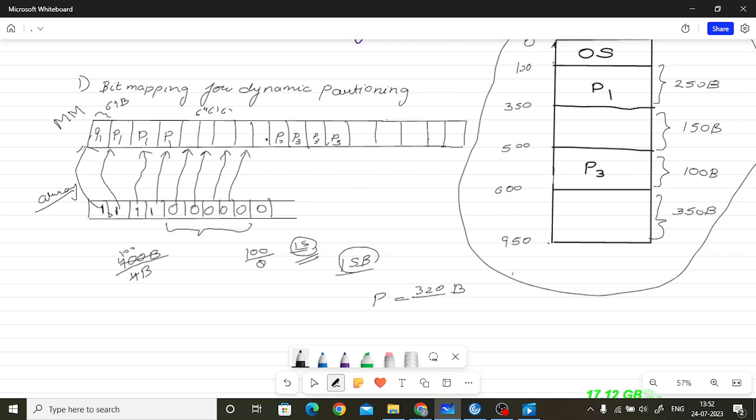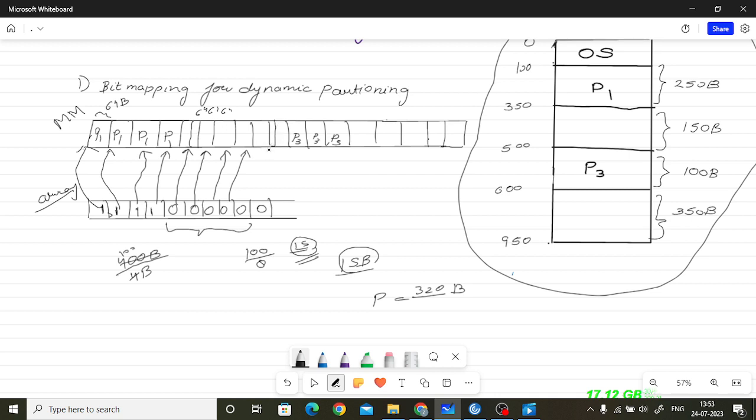Okay, so let's say 5 allocation units it will acquire. So there can be a possibility that our process will start from the half of an allocation unit and end at the half of another allocation unit.